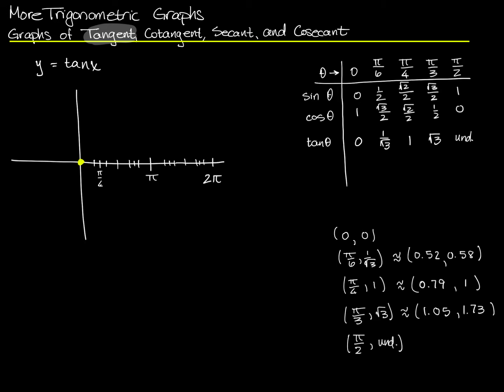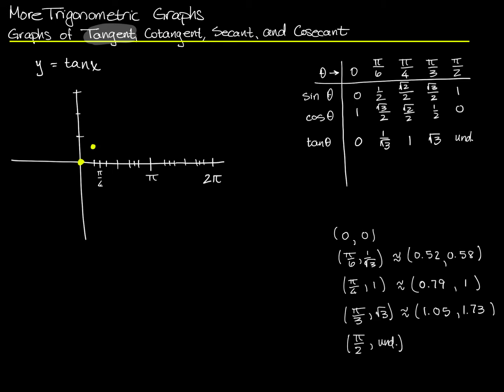Well, I don't have a scale on here yet. So let's go 1, 2, 3 and see what happens. So I need to go out pi over 6, that's in the x direction, and then up 0.6, so about there. So I'll have a point roughly here.